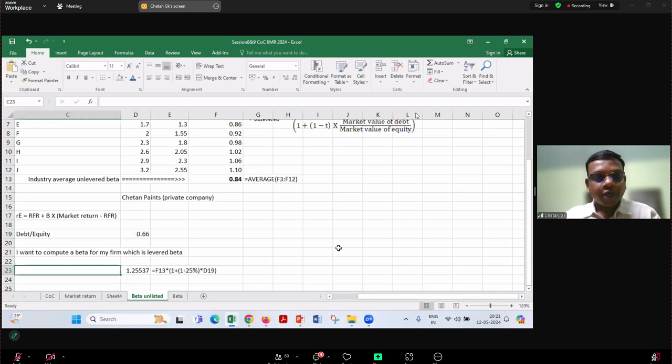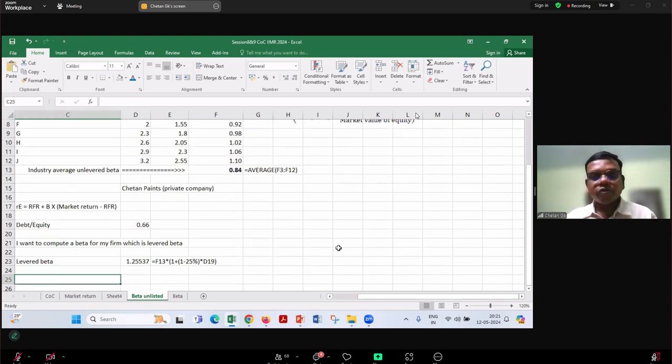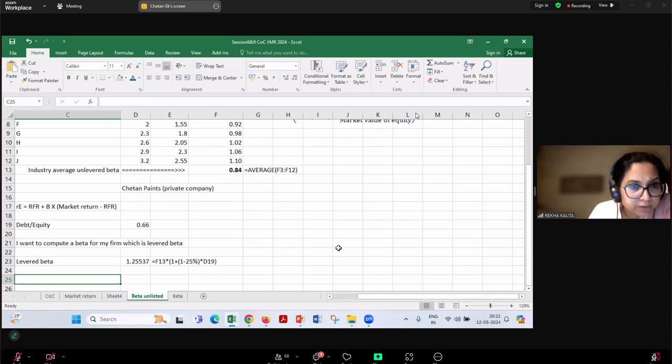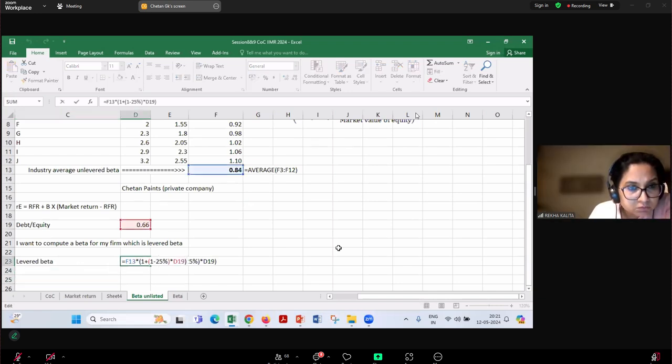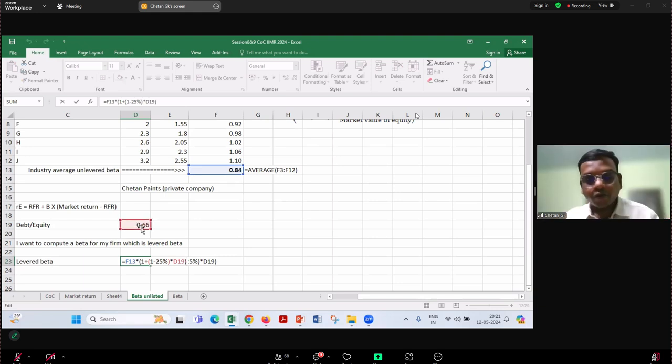So I have computed a levered beta. Is it clear, everybody? And this beta I should be using. D19, which you have multiplied? The last one? Debt by equity, 0.66, which is applicable for my company, Chetan Paints.